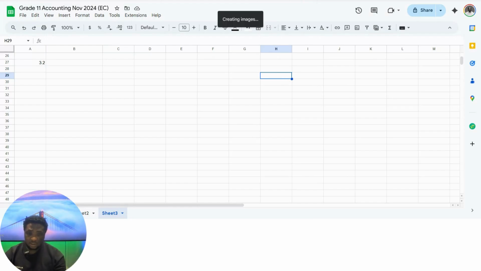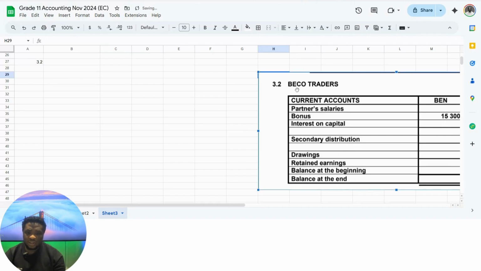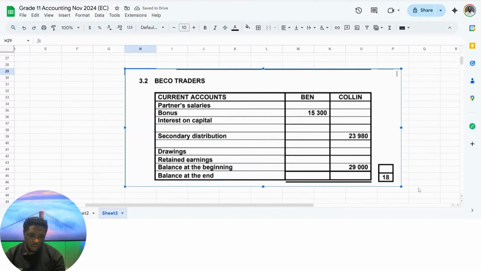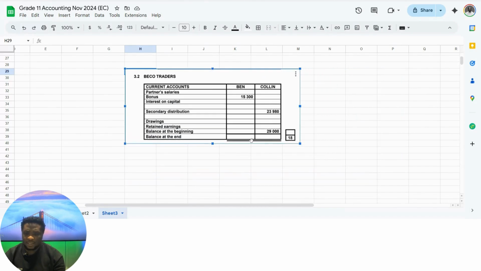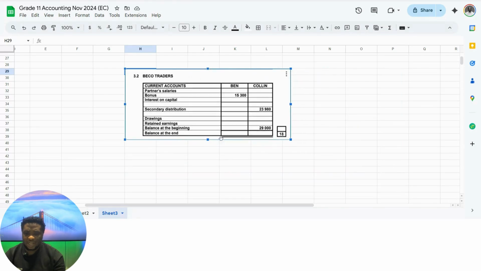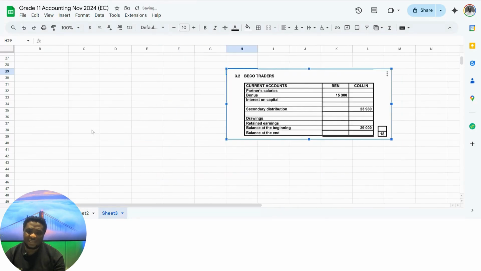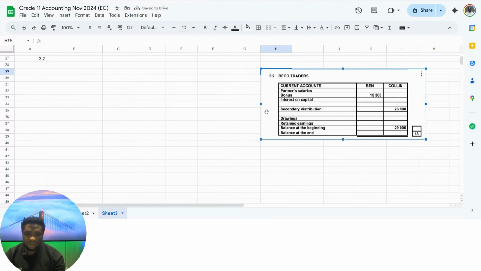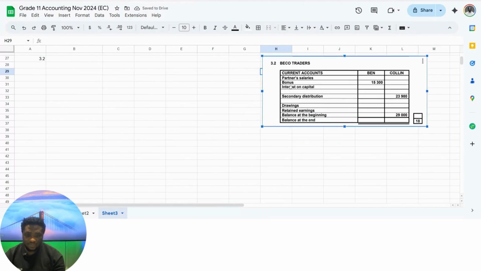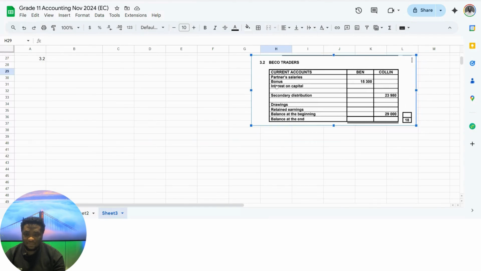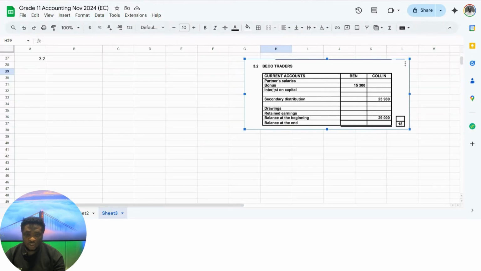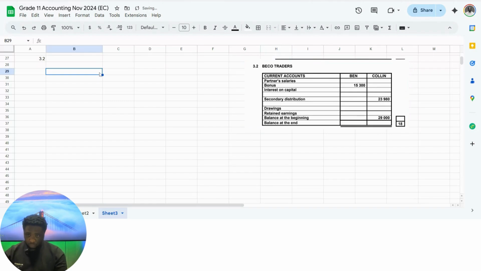With these current accounts, you just need to be cognizant that the structure may be done a bit differently, and you need to find a way to be flexible with whatever structure is being used in the question that you're doing.